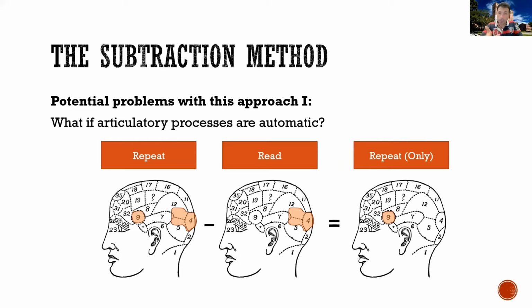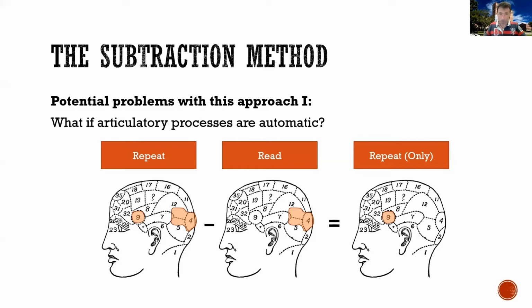So it is possible that the baseline task, the read task, the task that is supposed to have all the processes except for repetition, might nonetheless trigger some amount of repetition, or might nonetheless trigger those motor programs to repeat a word.